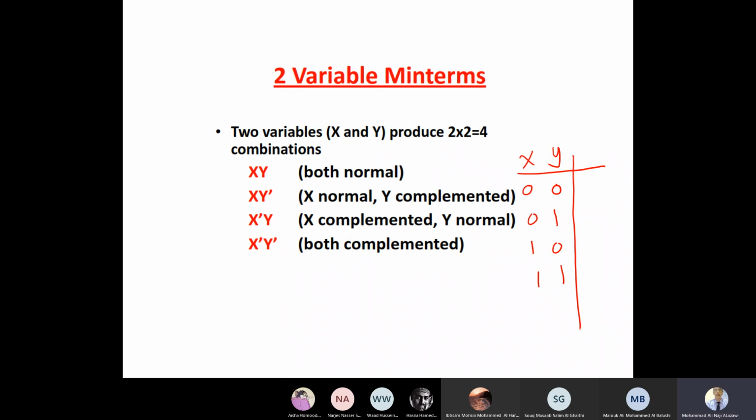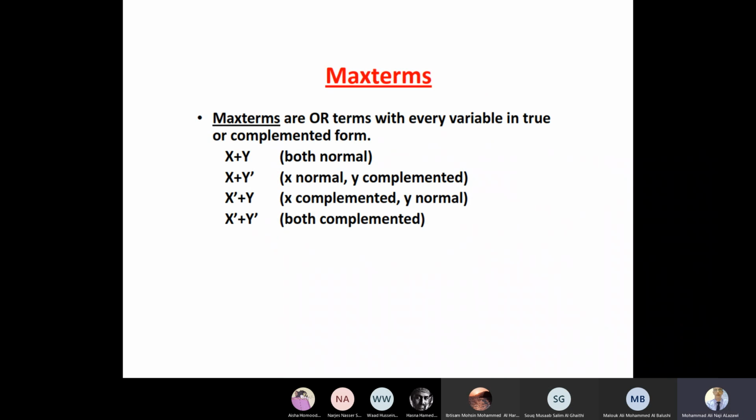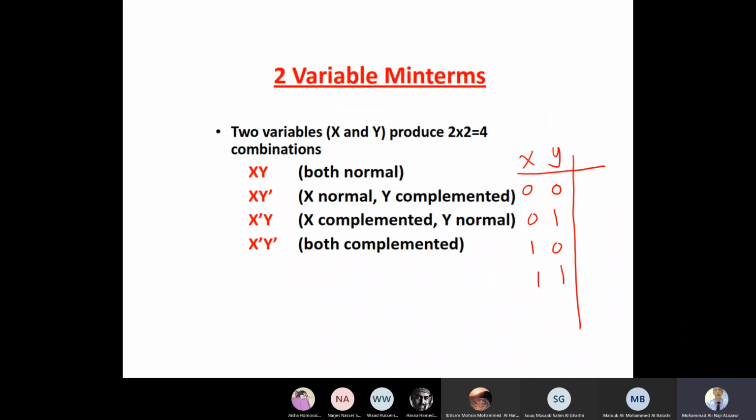Now remember that the min-term is a product. It means ANDing. So x dot y. This is f or not f. This is m. We'll call it m. I'll tell you why we call it m. Now 0 0.